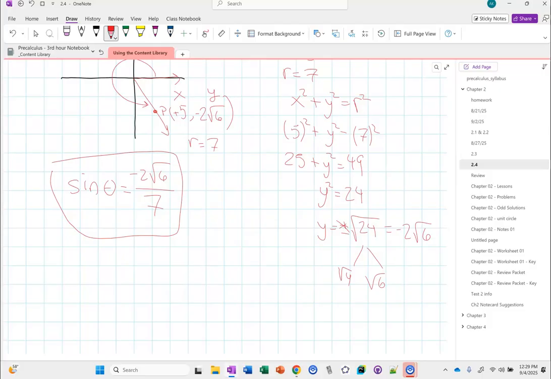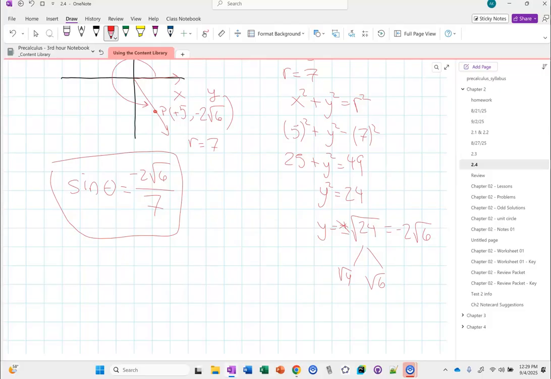The hardest part about this type of problem is making sure you draw the correct picture. If you can draw the correct picture, usually everything is downhill from there. It's typically pretty easy. And you're going to find that over and over in the trigonometry portion of this class. If you can draw the picture well, everything flows pretty nicely from there.